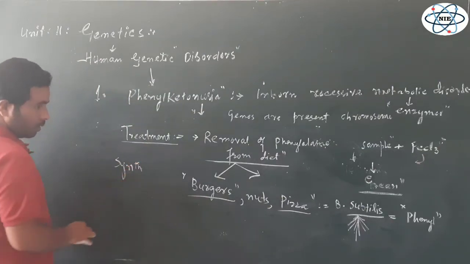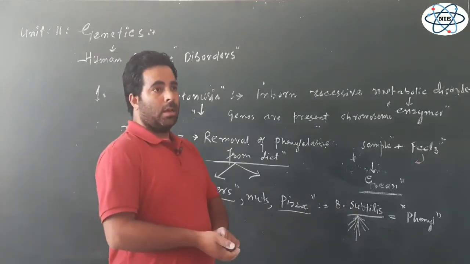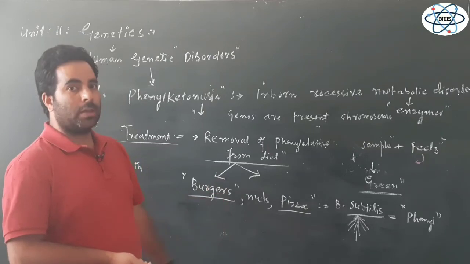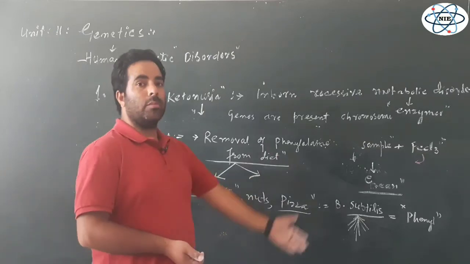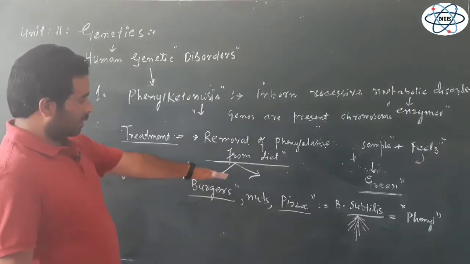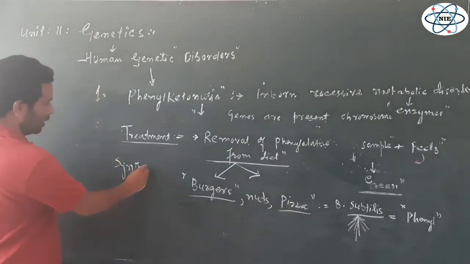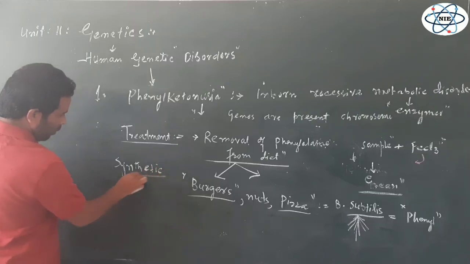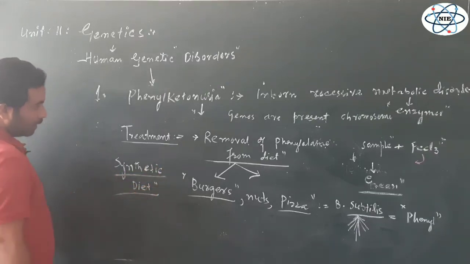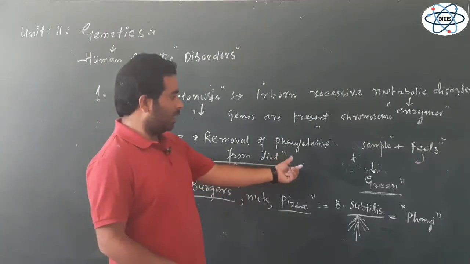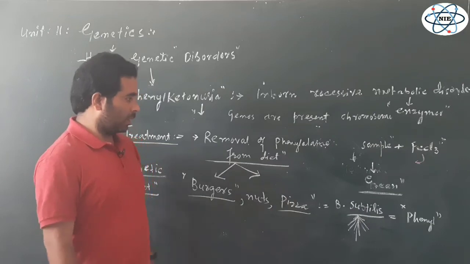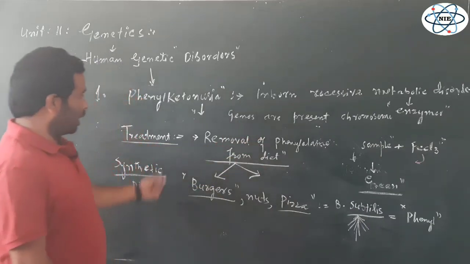Once the baby is born, they go for screening, and once they come to know that there is phenylketonuria, they stop these diets of the baby, and they provide a synthetic diet to the baby, a synthetic diet which is free from phenylalanine. So this is the only way we can stop the symptoms and signs of phenylketonuria.